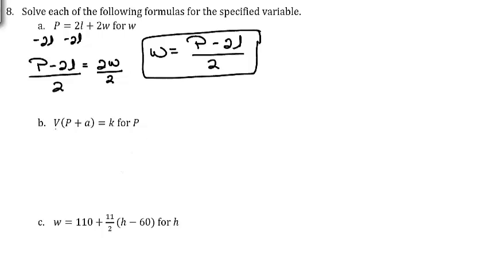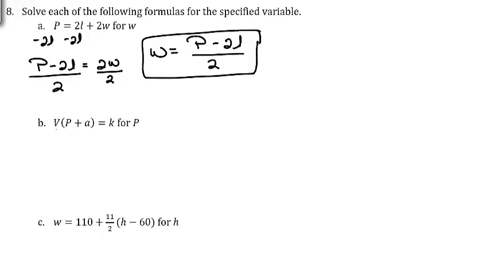In this next equation, we have V times the quantity P plus A equals K, and we want to solve it for P. So there are a couple of different ways you can approach this. Both of them will give you equivalent expressions that look a little bit different, but they're both equally as correct.